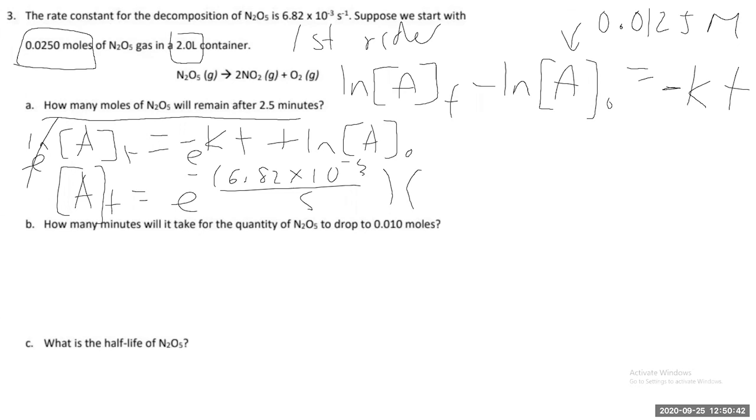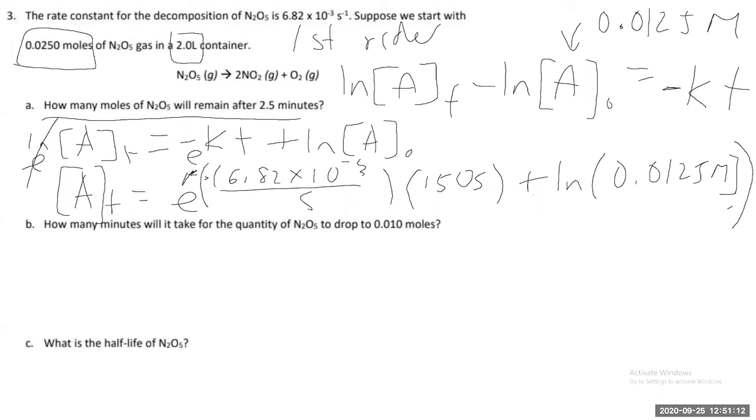So 2.5 minutes should be 150 seconds. And that's going to be plus ln of 0.0125 molarity. Remember, this is all of a quantity. That negative sign does not go out there. The negative sign goes right there.